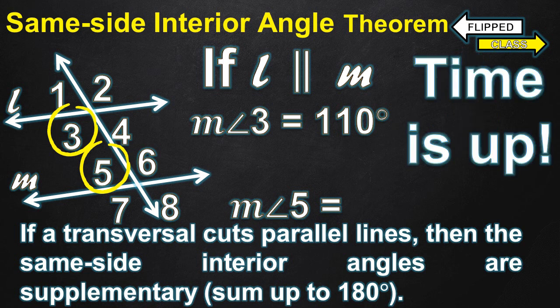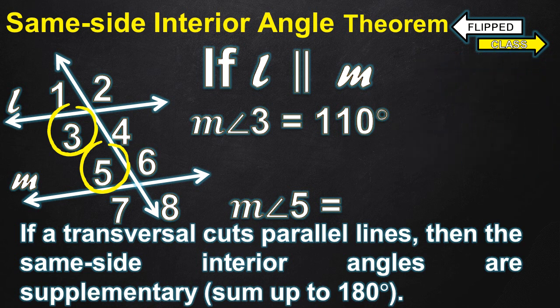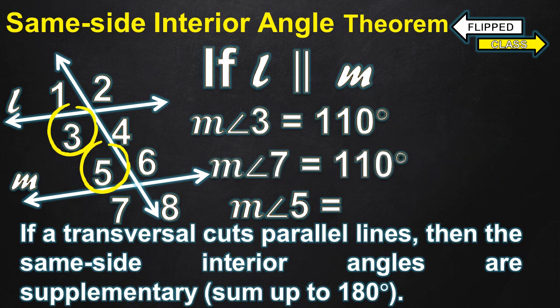Time is up. Well, as you can see, we can also use corresponding angles postulate here, or any other theorem. If measurement of angle 3 is 110 degrees, we can say that a specific angle, such as angle 7, is also 110 degrees because of corresponding angles postulate. And take a look at angle 5 and angle 7.